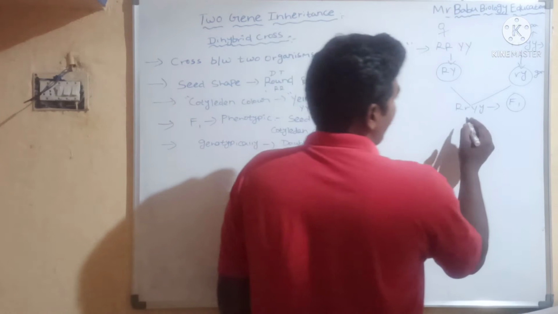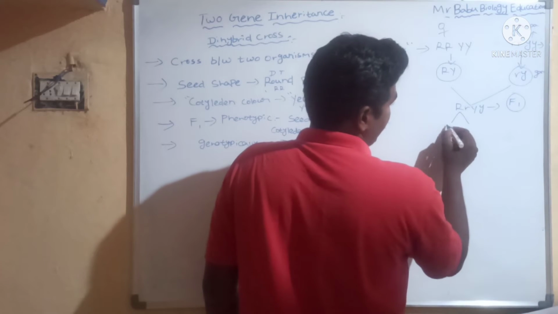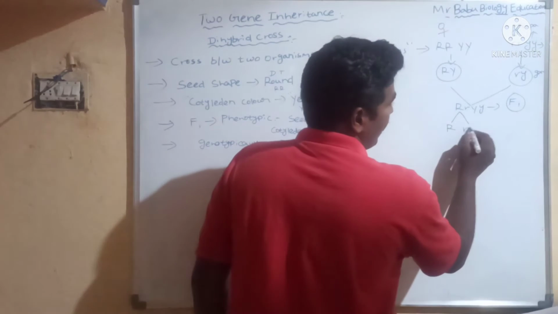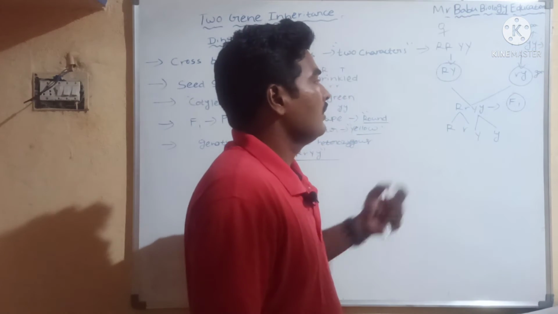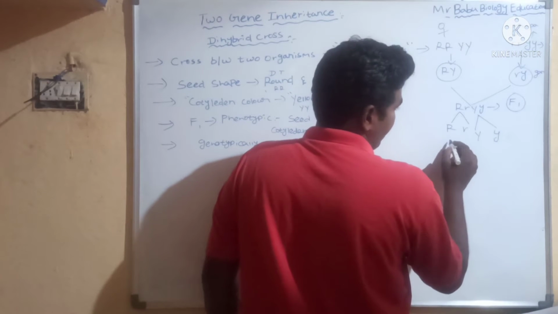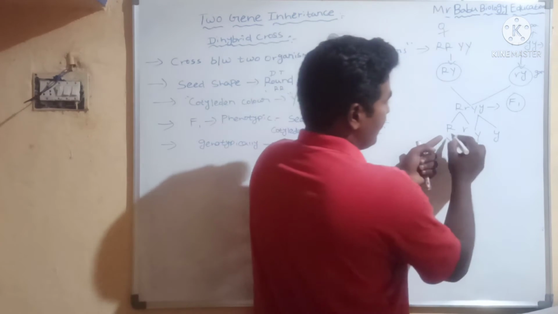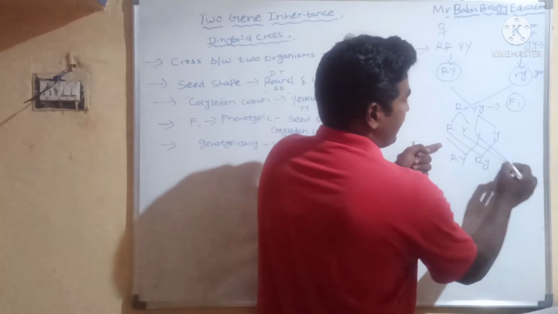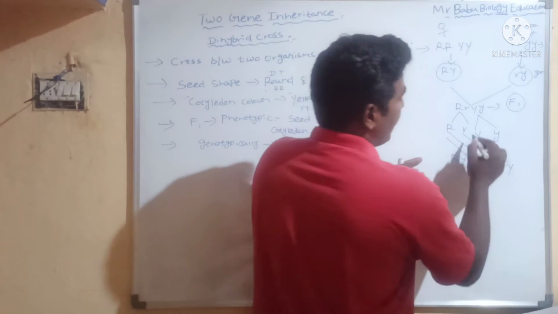From this F1 generation, the gametes are released and separated: capital R small r and capital Y small y. When these gametes fuse, we get capital R capital Y, capital R small y, small r capital Y, and small r small y.